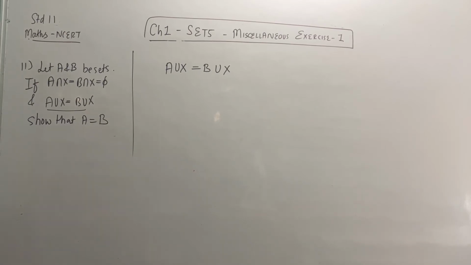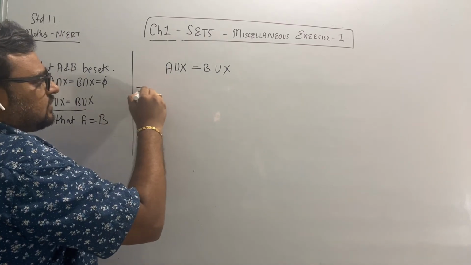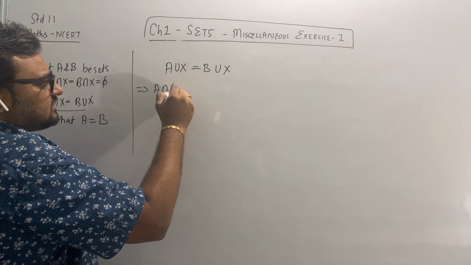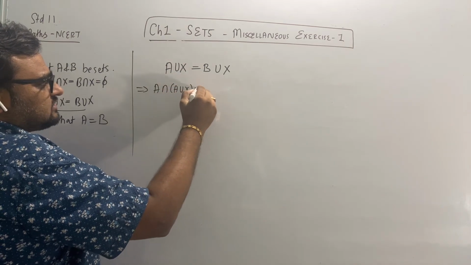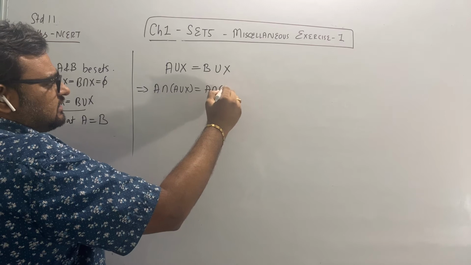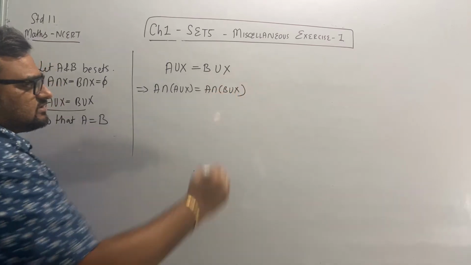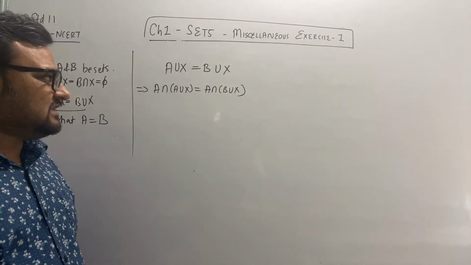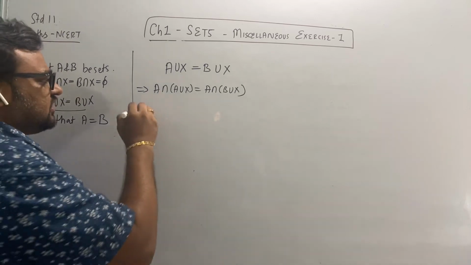Now let's take intersection with A on both the sides. A intersection (A union X), A intersection (B union X). Now let's apply the law of distribution.